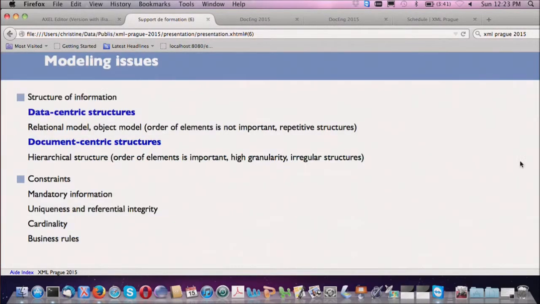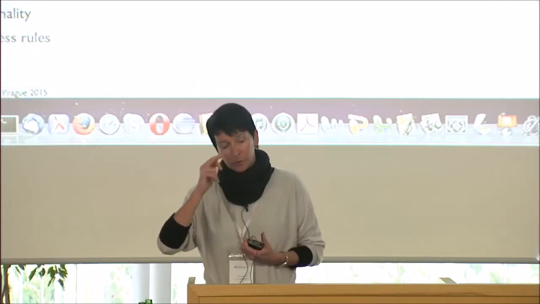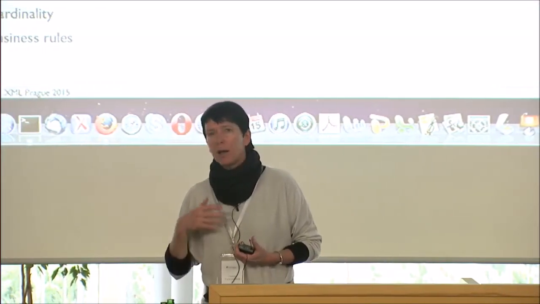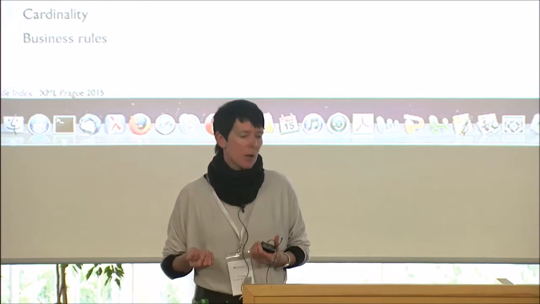And now, if we consider the structure of the information, not the content, as I said before, we know that the XML format is adapted to represent data-centric structure. We can represent information where the order of elements is not important. We may have a repetitive structure and so on.